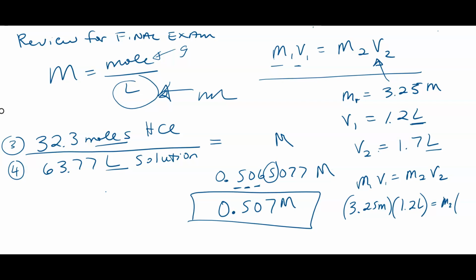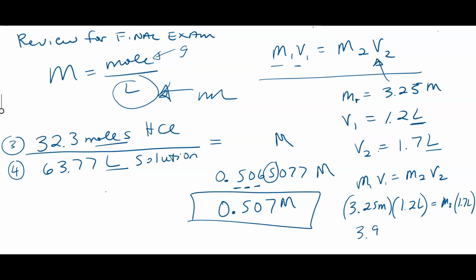So my molarity should go down. I'm going to have enough drink for all the kids. Okay, so I'm diluting this Kool-Aid down. My strength should be lower, and I'm going to save some money.